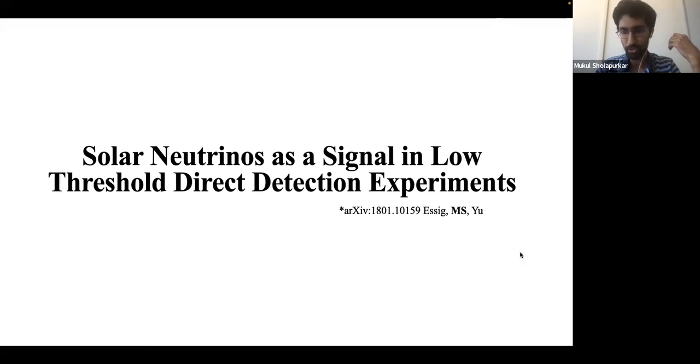And it was the usual story of the neutrino floor and so on that many of you would have heard about. It was just extending that story to sub-GeV parameter space. However, we thought, if at some point, for high exposures in these experiments, you're seeing solar neutrinos, then for a second you can forget about dark matter and just think about solar neutrinos as an interesting signal in itself, and think about what new neutrino physics or new solar neutrino physics you can do with these things. So I would just like to end with this.